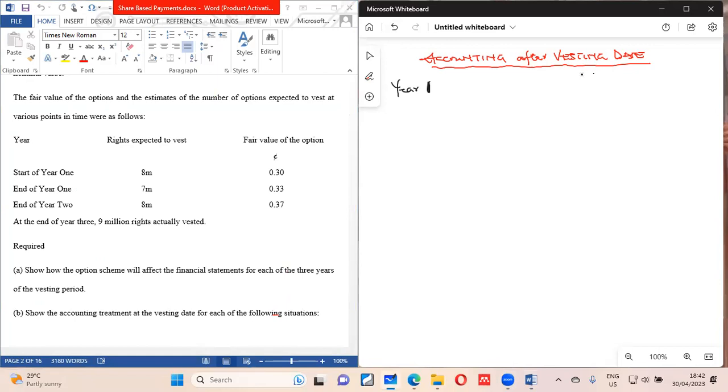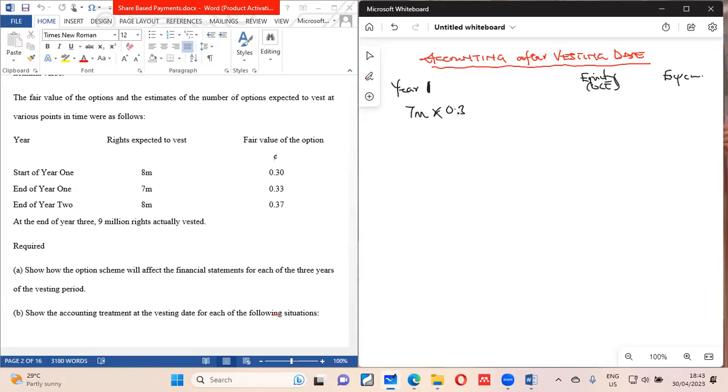So let's put equity here. And the equity is the OCE. All right. Then let's put expense here. So it was easy for us to now say that, okay, we will have 7 million. Where is our fair value? Fair value is what? 0.3.